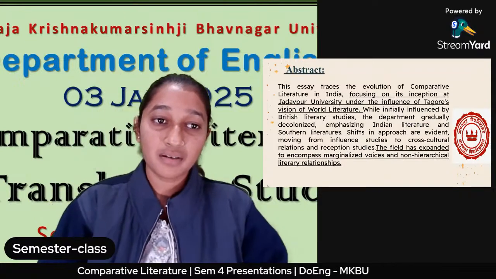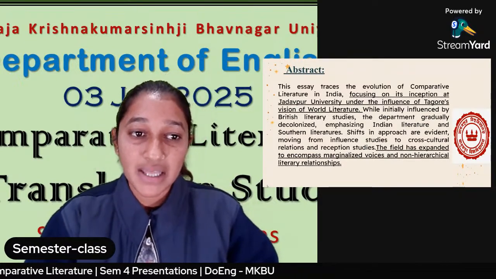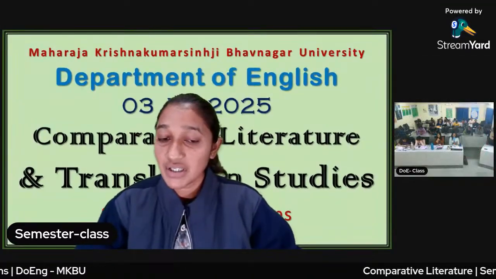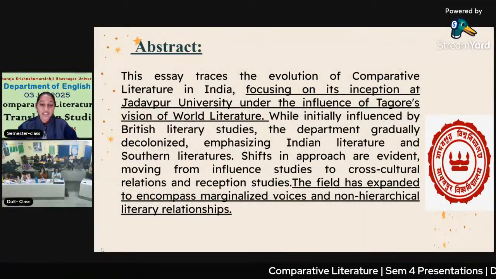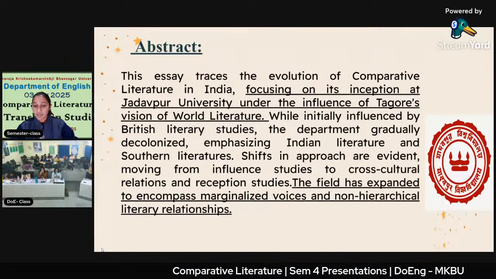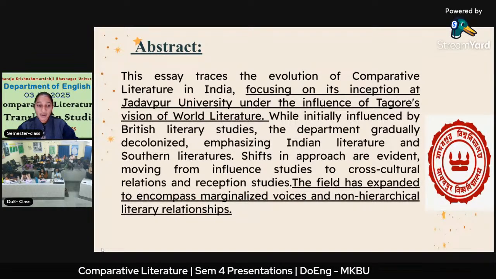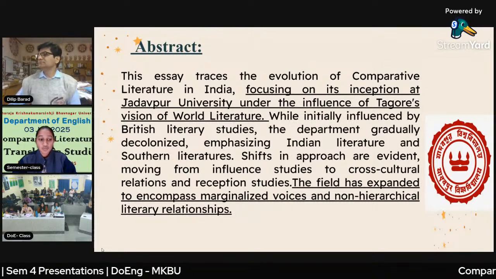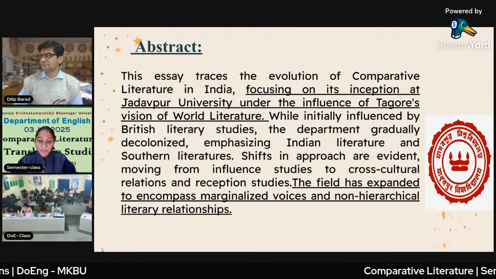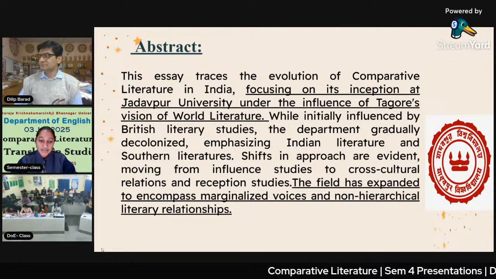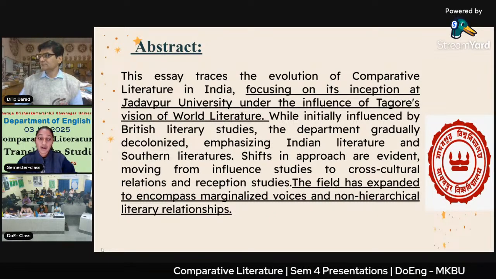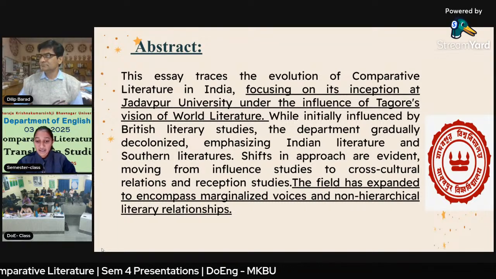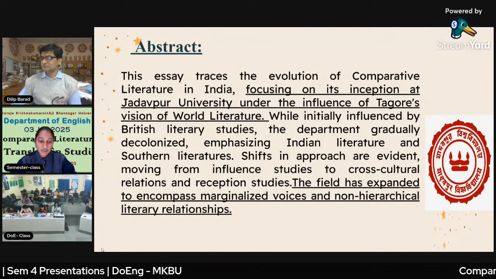Now the abstract of Dasgupta's article covers the evolution of comparative literature in India, especially its beginning at Jadavpur University in Kolkata, West Bengal, under the influence of Tagore's vision of world literature, or Vishwa Sahitya. Initially influenced by British literary study, the department gradually decolonized and emphasized Indian literature and Southern literature.